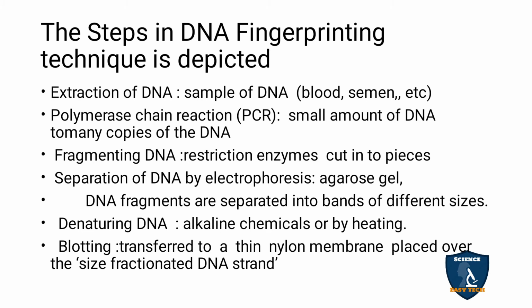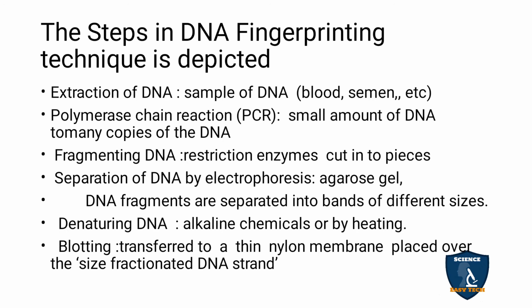And denaturing DNA. The denaturing of DNA is also done in the electrophoresis. For that process, heat, higher temperature, can denature the DNA, or alkaline chemicals also denature the DNA.